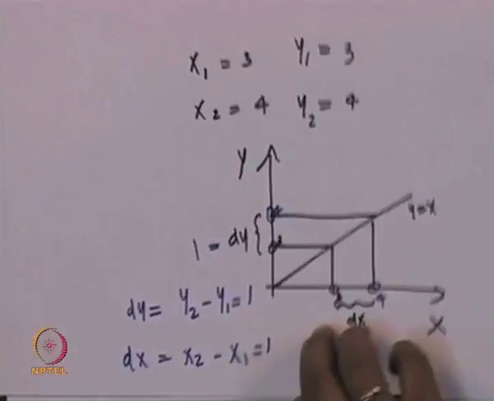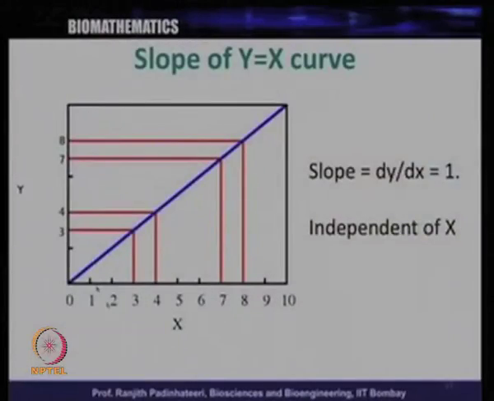Let us have a look at this graph once more. This dy by dx, which is how much y changes when you change x by a certain amount dx, is called the slope, and if you calculate it for this curve, you will get that dy by dx is 1. So, if you take the y equal to x curve and calculate dy by dx, you will find that dy by dx is 1. Take it as an assignment to calculate dy by dx.